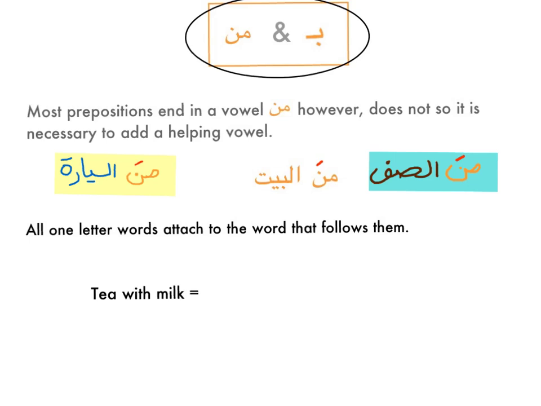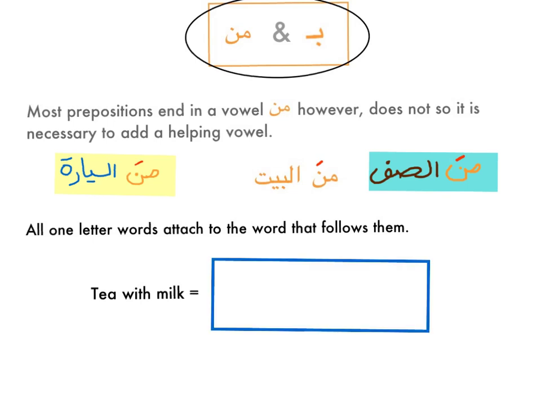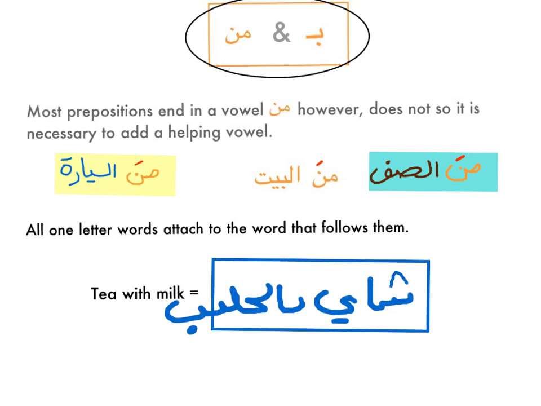For instance, tea with milk, we say it in Arabic شاي بالحليب. You see here, ba is attached to the word al-halib as we explained earlier.